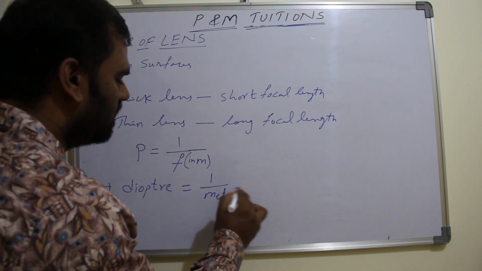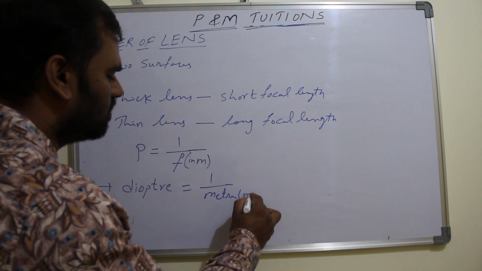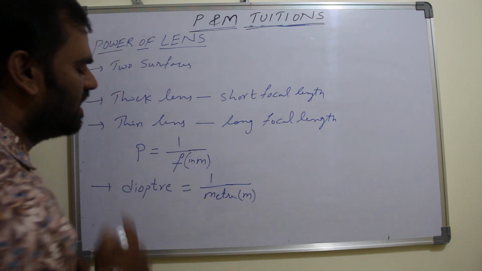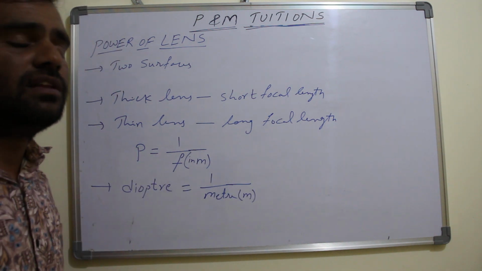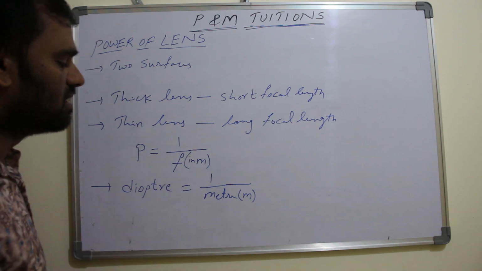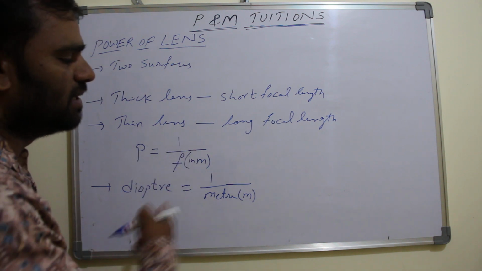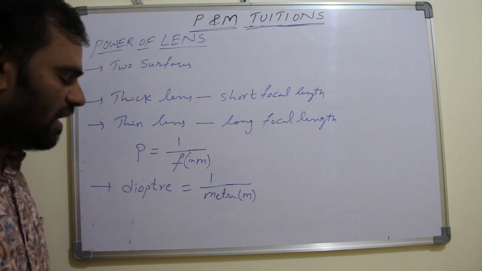Sometimes in numericals they give the focal length in centimeters, so you have to convert centimeters into meters and then find its power.